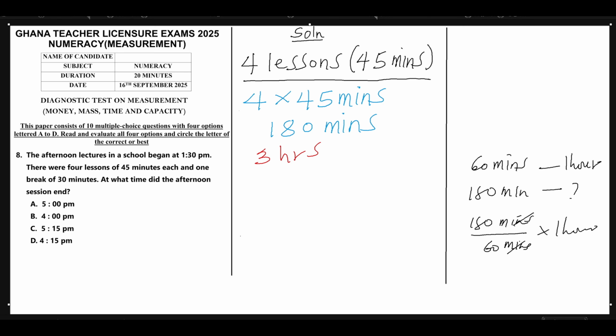That is, through the entire afternoon lectures, there was one break with a duration of 30 minutes.